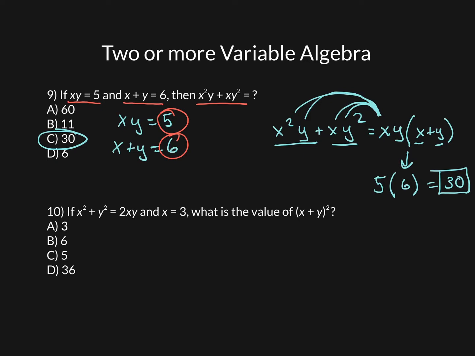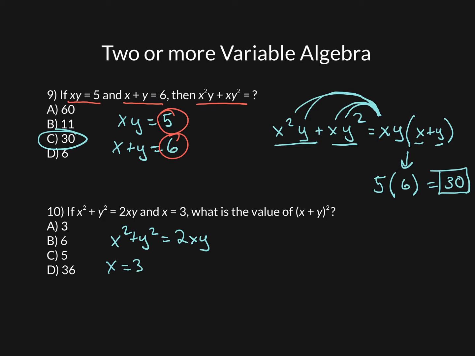And last but not least, we have number 10. If x squared plus y squared equals 2xy and x equals 3, what is the value of x plus y squared?